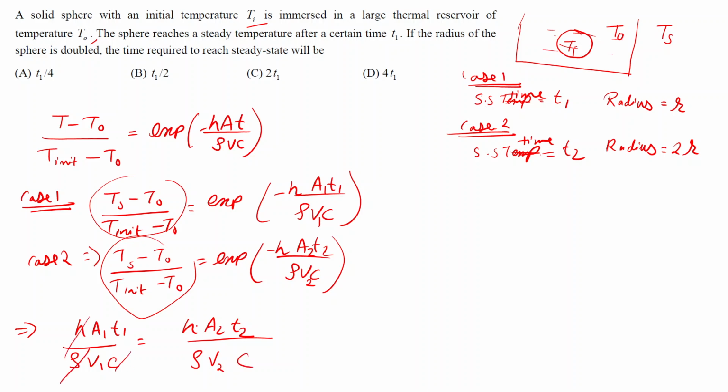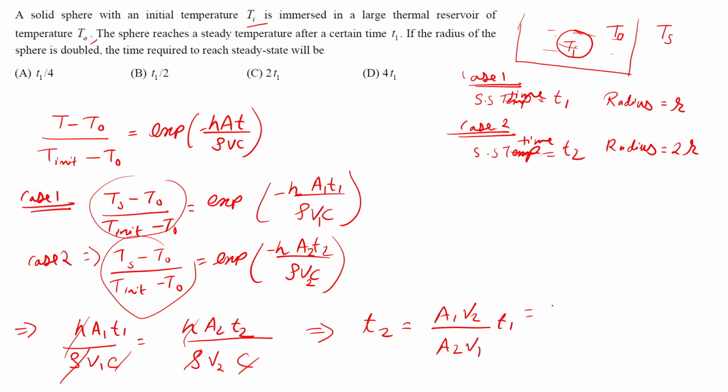So h, rho and c will get cancelled out, and we will have T2 is equal to A1V2 upon A2V1 into T1.